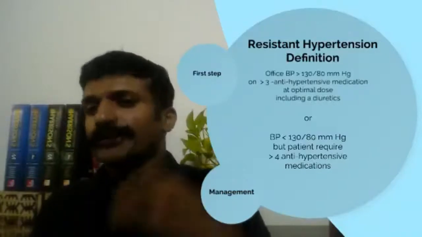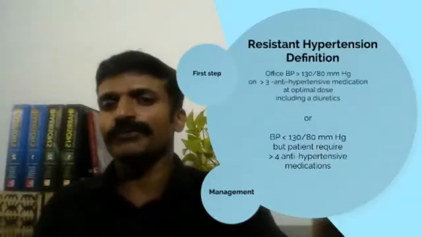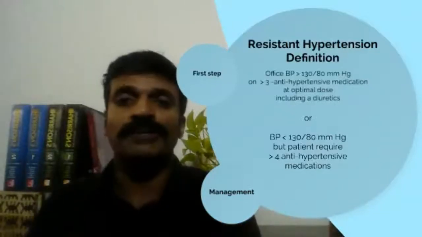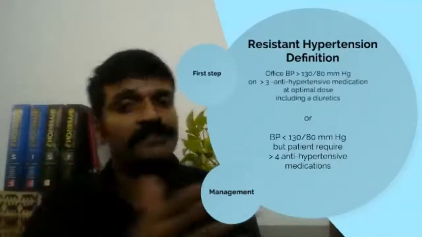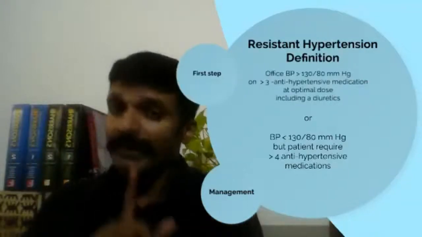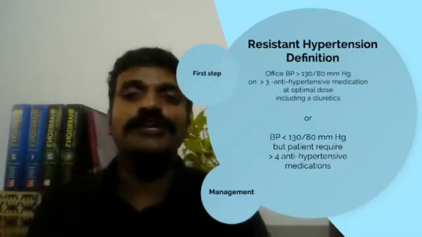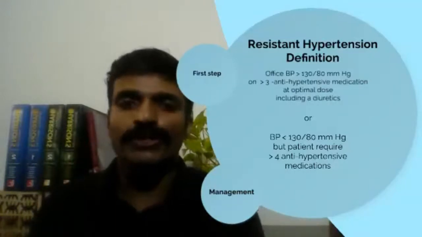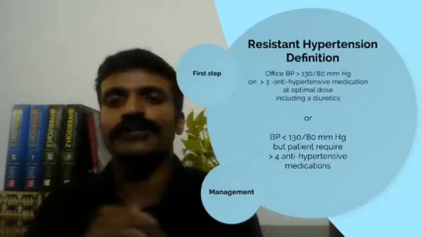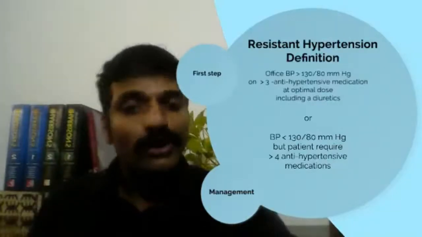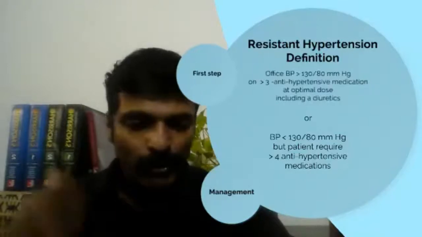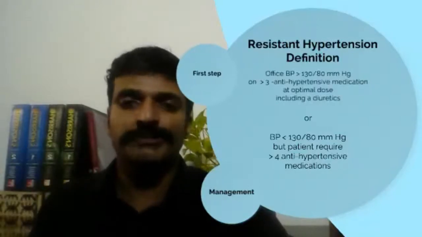Once you do not find that, you maximize the diuretic first, you add newer groups of drugs. Think about drugs like prazosin and clonidine, which can have side effects but might be used in these patients. If nothing else works, then you can use renal sympathetic denervation, or you can also try what is called carotid baroreceptor stimulation.